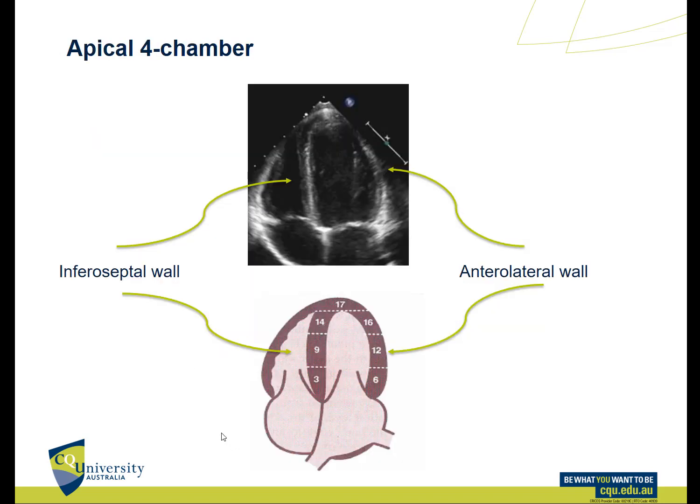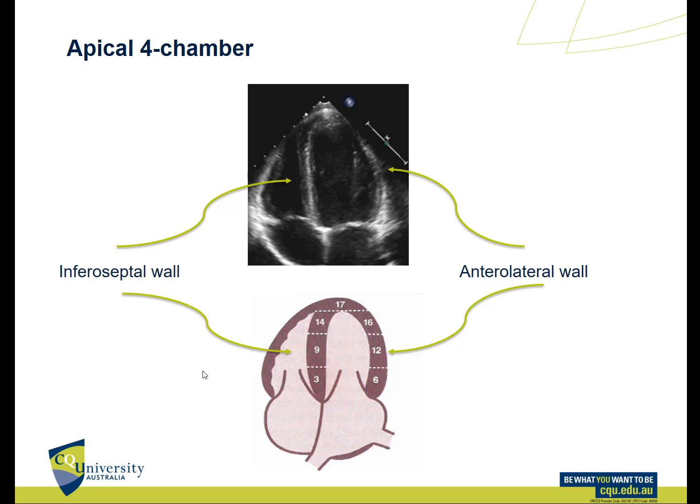Moving on, what about our apical 4-chamber? So what is this wall called here? So this is the anterolateral wall, as we can see right here. And here we have our interventricular septum. That is not the name of the wall. It is the inferoseptal wall.